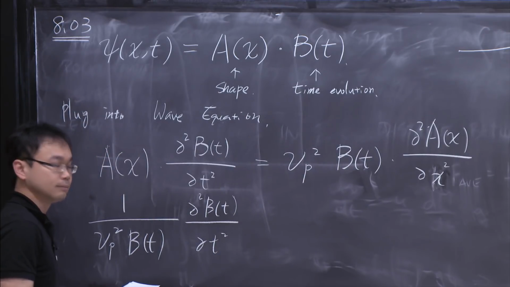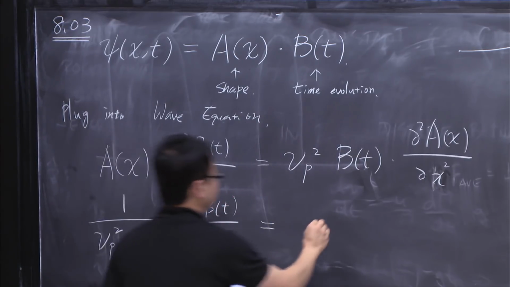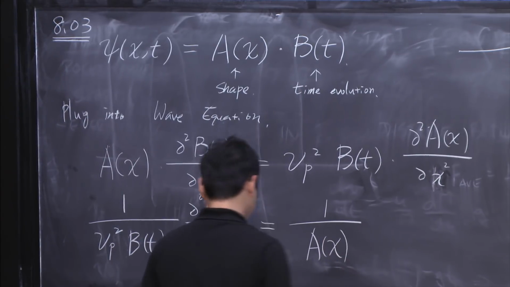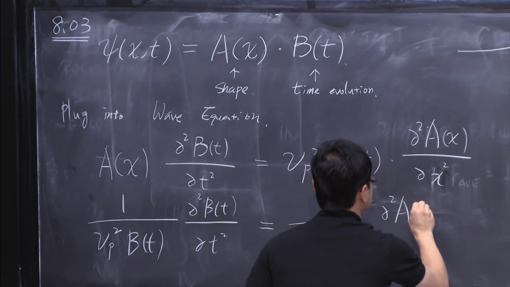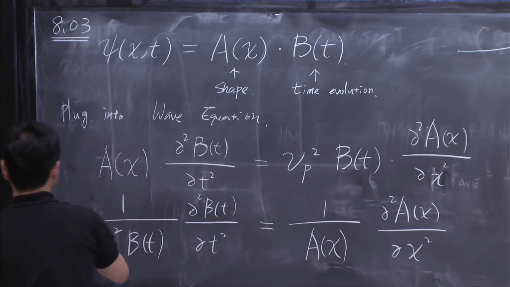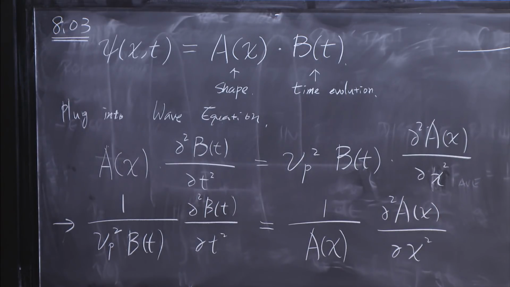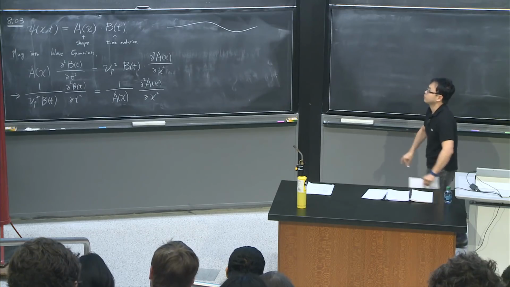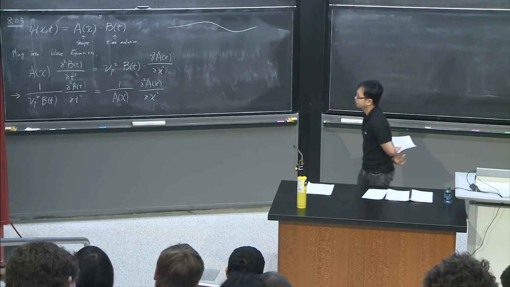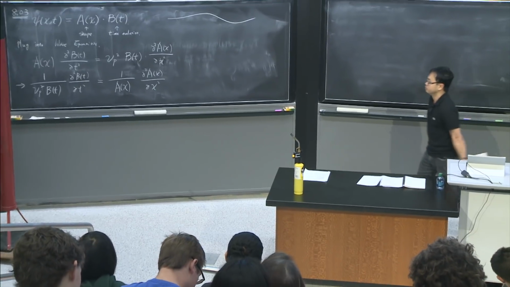The right-hand side, because I also divide by A, B and v_p squared, becomes 1 over A(x) times the second partial derivative of A(x) with respect to x squared. So far so good. I am just plugging in the assumed functional form and dividing everything by A B v_p squared.